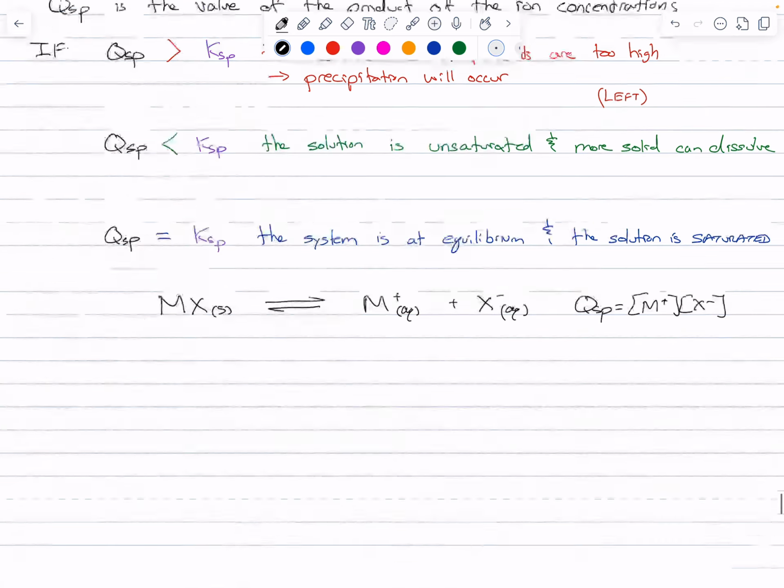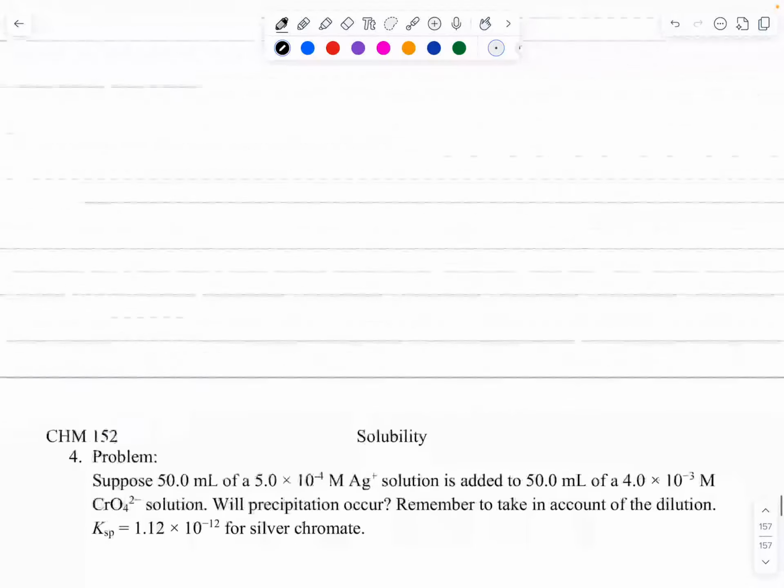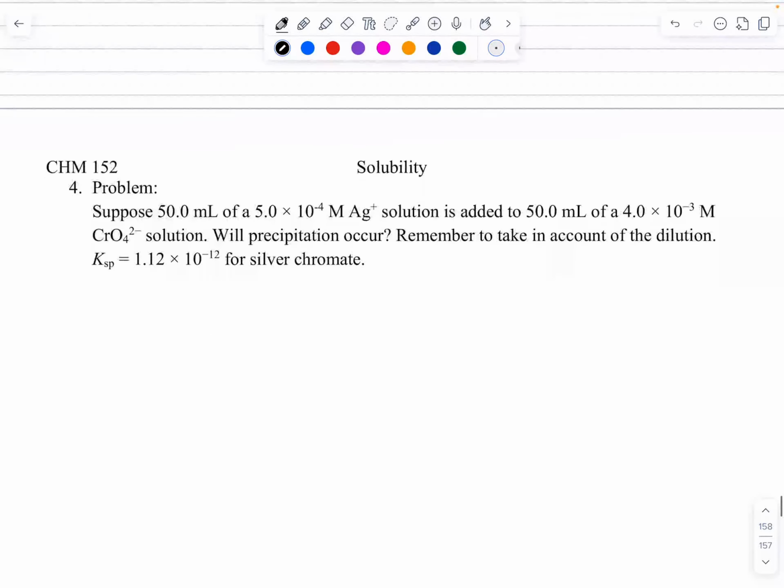All right, let's do an example. Suppose you have 50 milliliters of 5 times 10 negative 4 molar silver. It's added to 50 milliliters of 4 times 10 negative 3 molar chromate. The question is, will precipitation occur? And it gives you KSP for silver chromate.